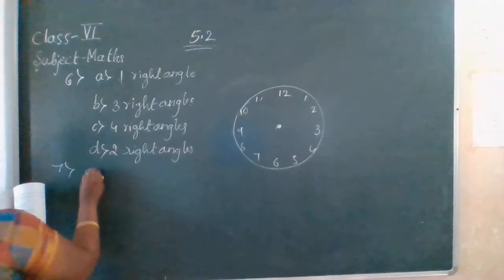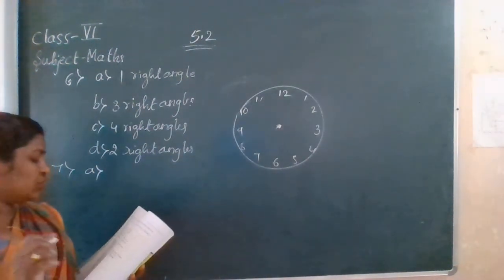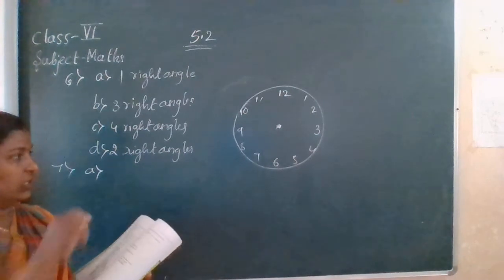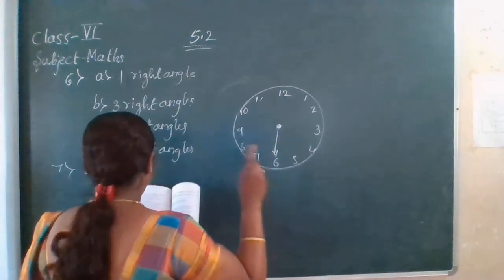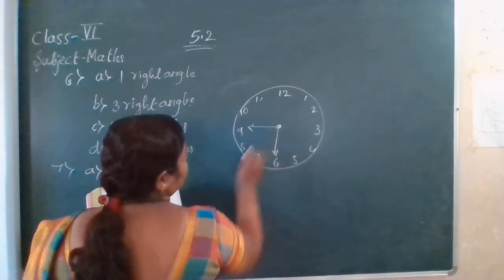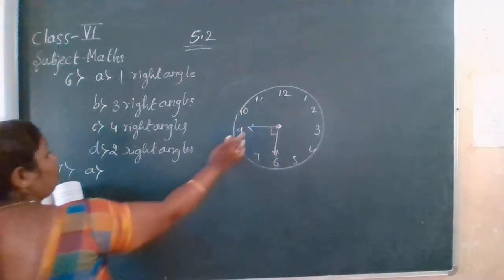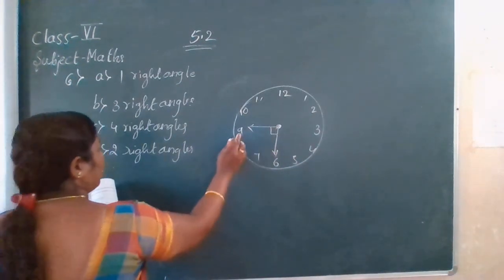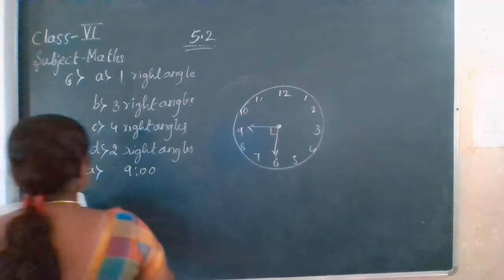First, A. From 6 and turns through one right angle. From 6, one right angle, so it will come to 9. So the time will be 9.